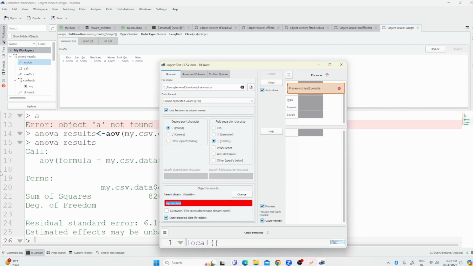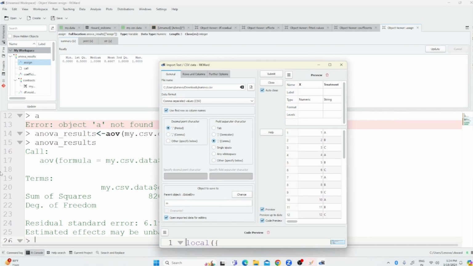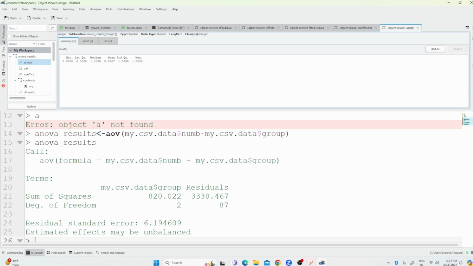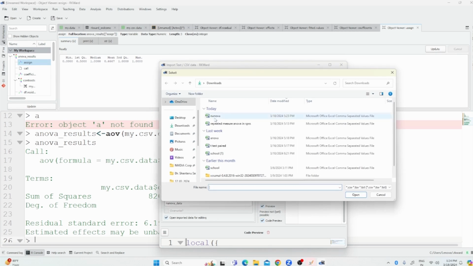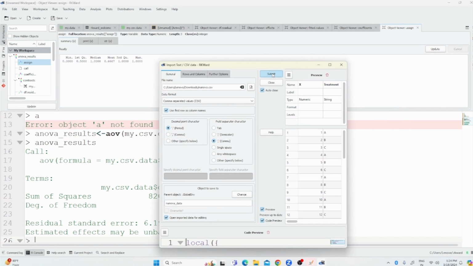Now, here we have to change the file name to my ANOVA. Let's retry it. ANOVA data. Okay. And here we change it to ANOVA and we submit it.